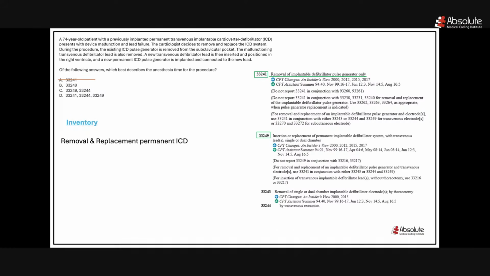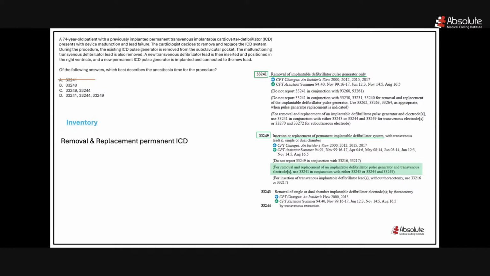I think most of you went with option B. Now I would say why option B is incorrect, because that is only coding for your insertion procedure. I said previously that there was a removal performed, removal of the defibrillator pulse generator and lead, as well as insertion of a new ICD system performed over here.